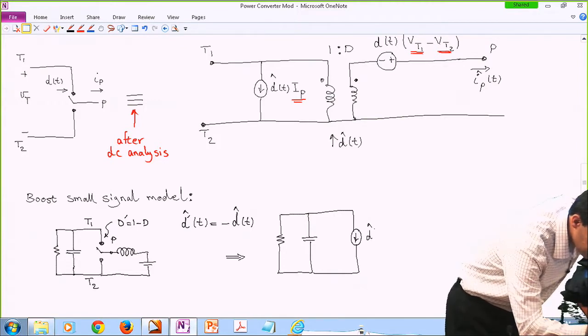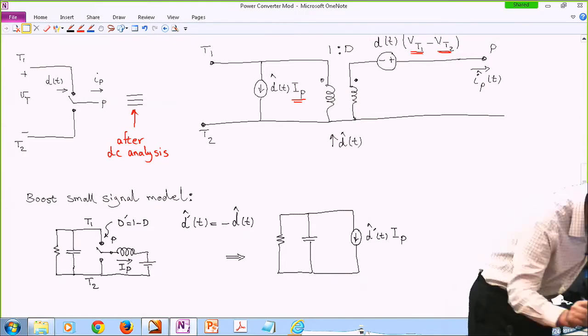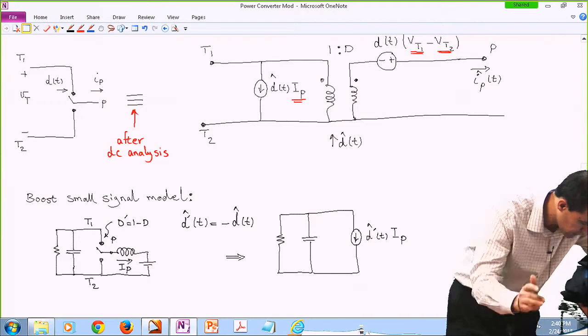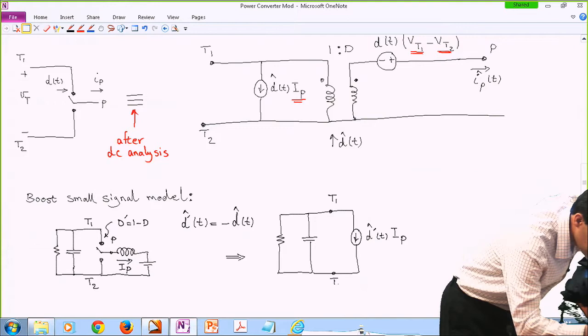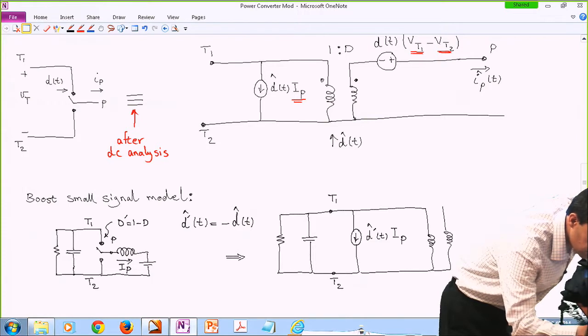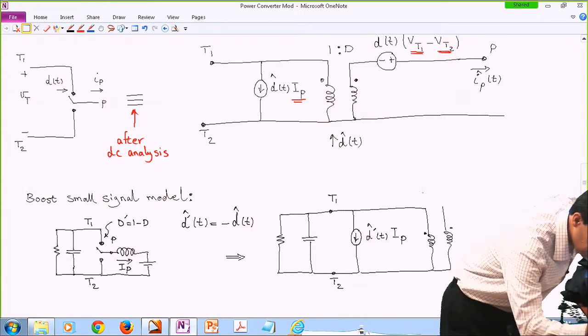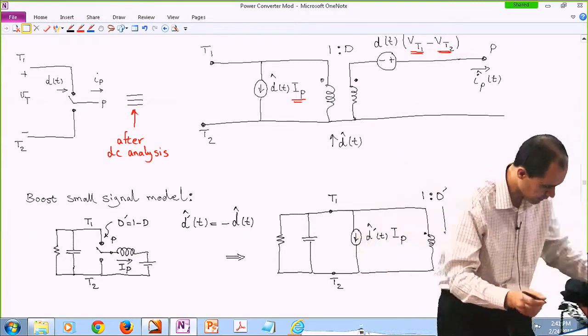So now our control is renamed as D prime as our control input, times IP, and this is the IP DC value. This is T1, this is T2, and we have our transformer, 1 to D prime here, because D prime is basically replacing D in this topology.